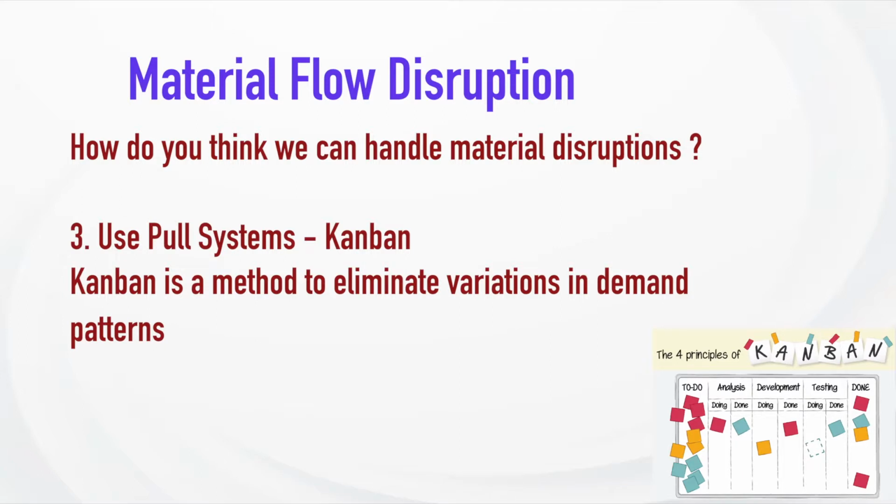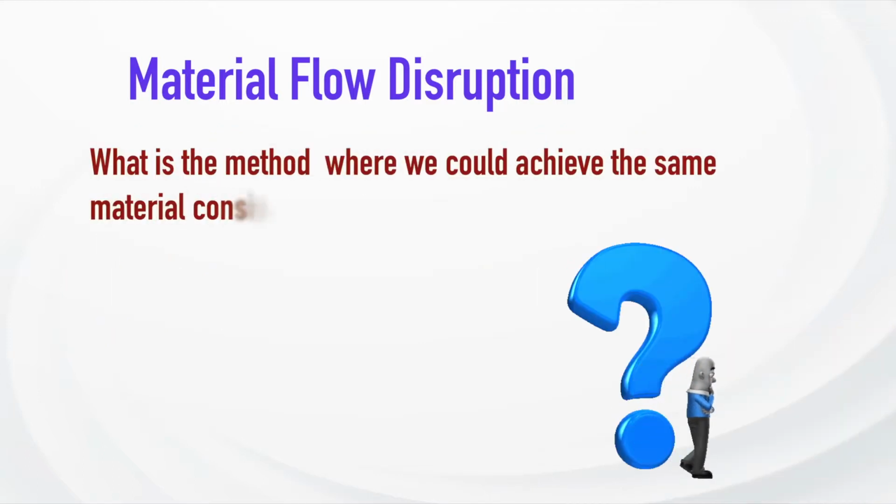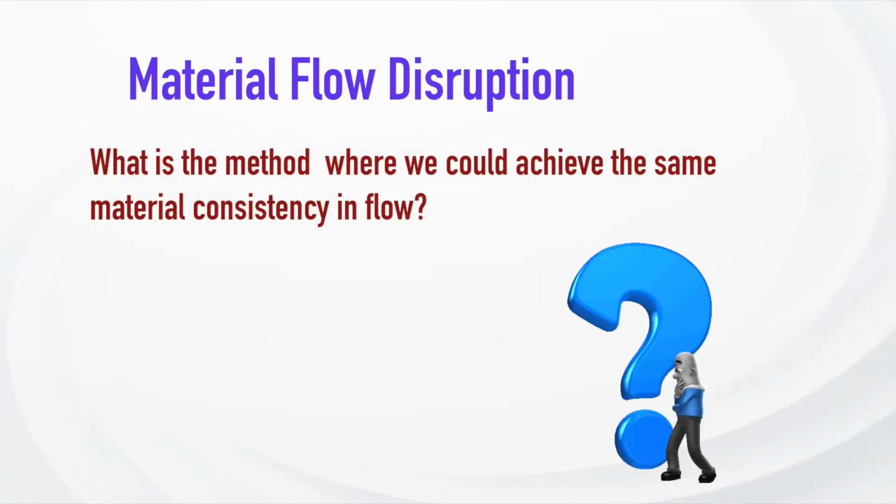Kanban is a lovely method to eliminate variations in demand patterns, but apart from Toyota and a few other companies, very few have successfully implemented the Kanban pull production. So there must be some other method where we could achieve the same material consistency in flow.